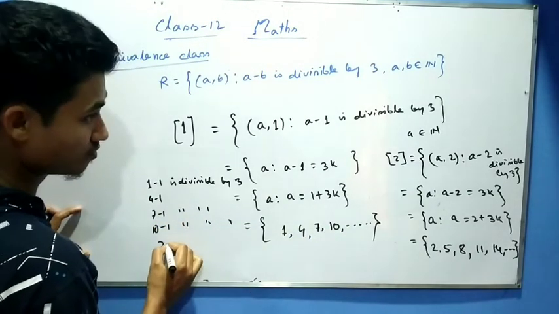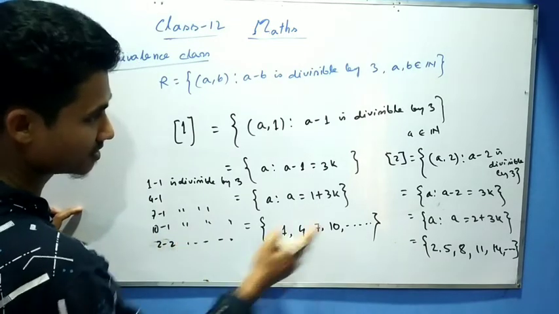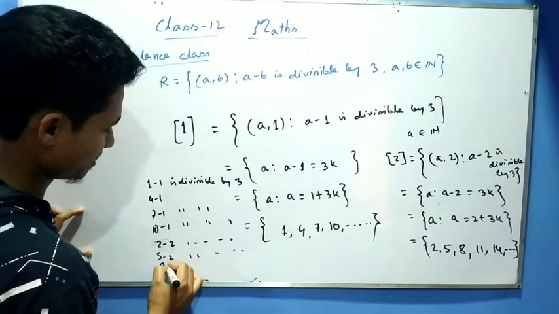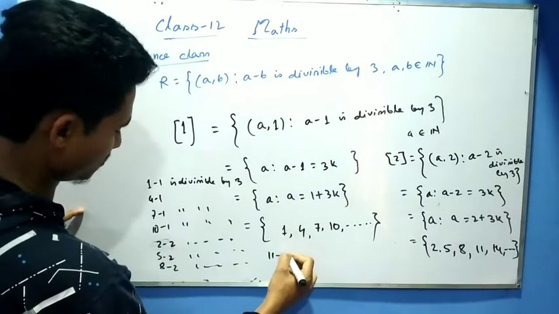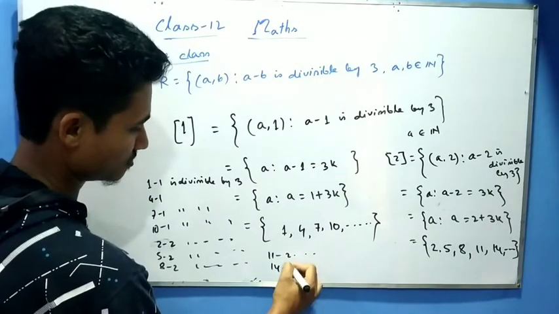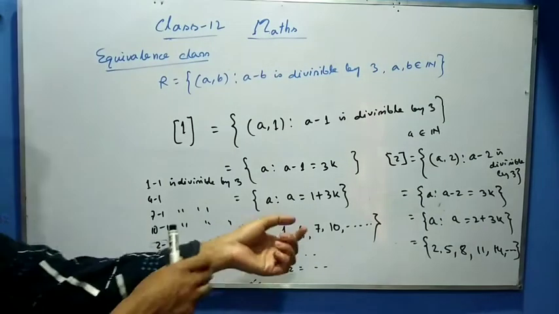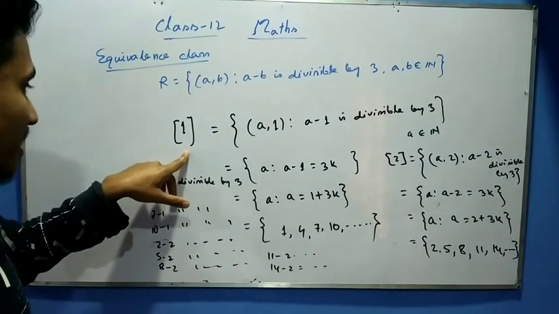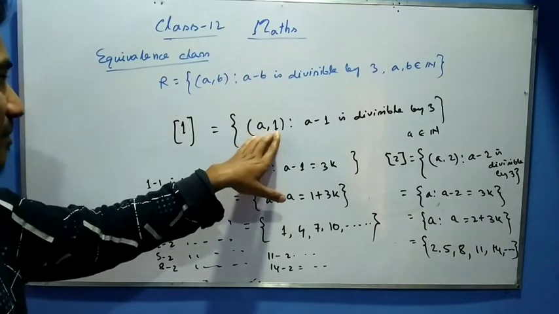See, for 2, for that relation 2 minus 2 is divisible by 3, for that equivalence class then 5 minus 2 is divisible by 3, 8 minus 2 is divisible by 3, then 11 minus 2 is also divisible by 3, okay, then 14 minus 2 is also divisible by 3. Okay, so what we have seen: the equivalence class means we find the values of a by replacing the element b.